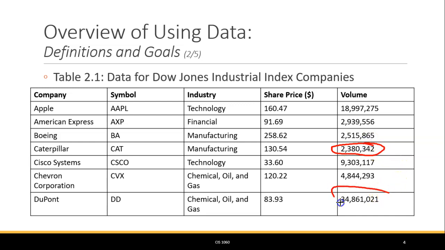It looks like this would be the maximum, and we could come up with a range of what's going on there. So minimum, maximum, and then the difference between these two would be the range of what's going on.